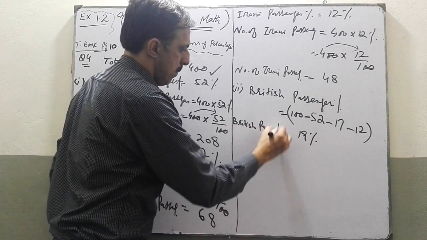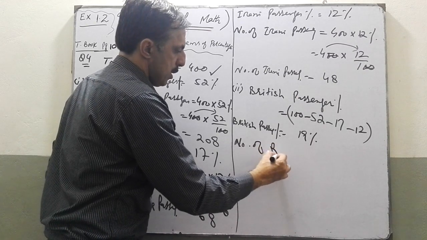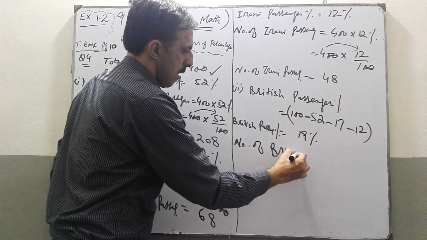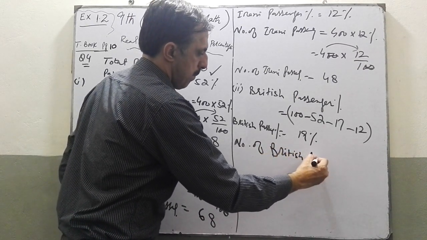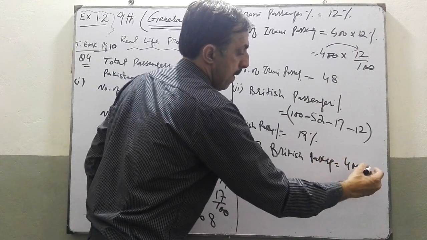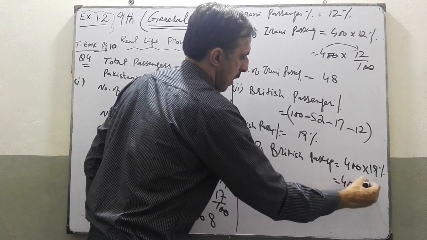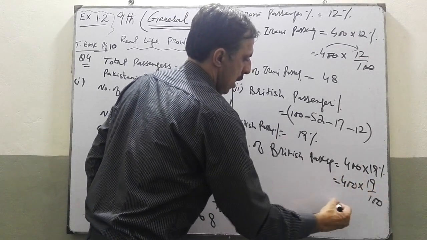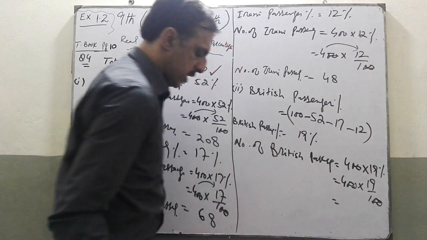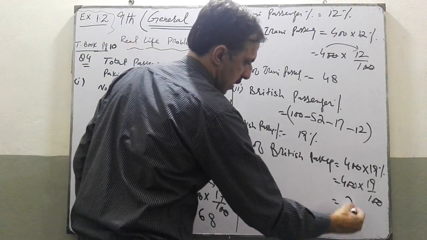Now number of British passengers equal to 400 multiplied by 19%. 400 multiplied by 19 over 100 equal to, 0 cancel. 4 multiplied by 19, that is your 76.